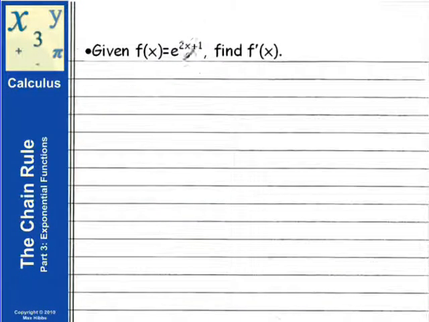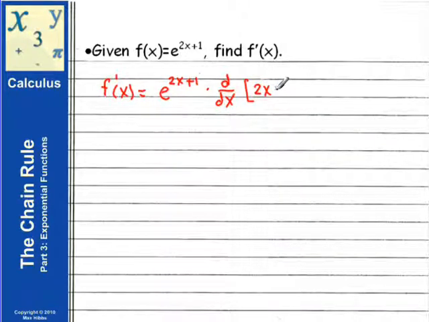Here we're asked to find the derivative of e to the 2x plus 1. That is, f of x is e to the 2x plus 1. We're asked to find f prime. So as we just learned, to find the derivative in a case like this, the derivative of e to a power is e to exactly the same power, so e to the power 2x plus 1, but the thing we have to remember is then we multiply that expression with the derivative of the power itself.